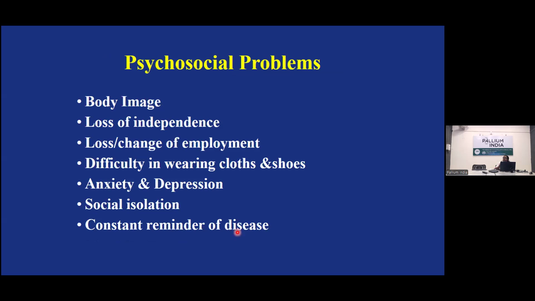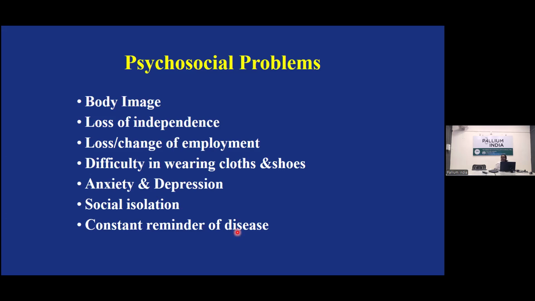And coming to the psychosocial problems, body image. One limb is normal, and the other limb is abnormal because of the fluid volume. That affects the patient emotionally, because I have seen many patients; nobody is willing to expose their lymphedema part anymore.